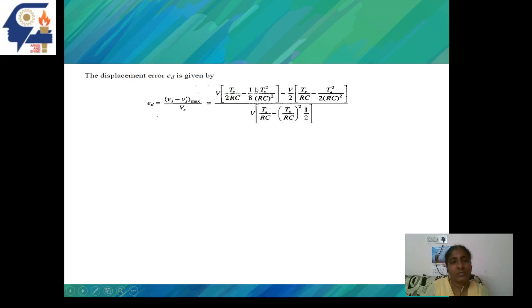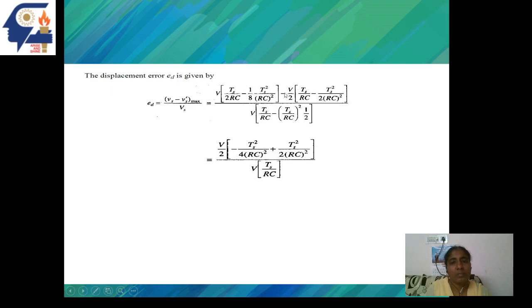The numerator first term is Vs and the denominator is Vs. If we simplify this, the first term will get cancelled. V into Ts by 2 Rc, V into Ts by 2 Rc will get cancelled. The other two terms, if we see, here it is minus 1 by 8 V into Ts square by 4 Rc square. 4 into 2 is 8.